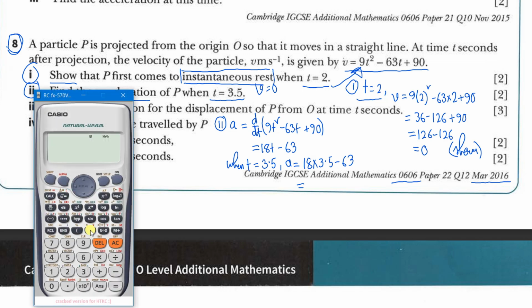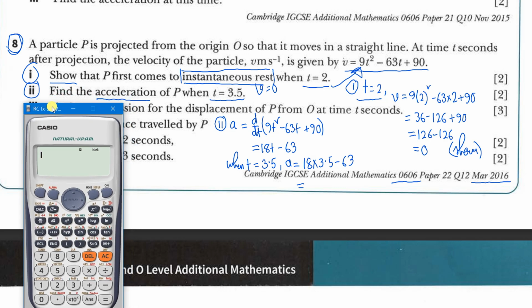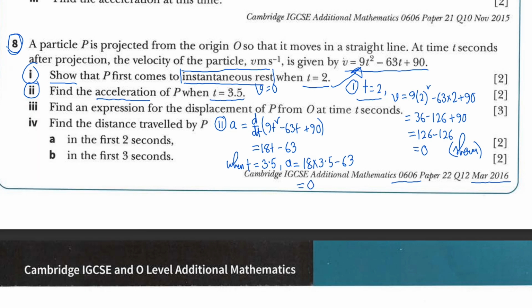We put the values in our calculator, 18 into 3.5, then minus 63, and it gives us 0 again. So at the time t equals 3.5 we got the acceleration 0, and this is our answer.